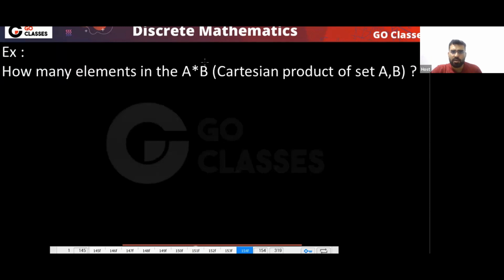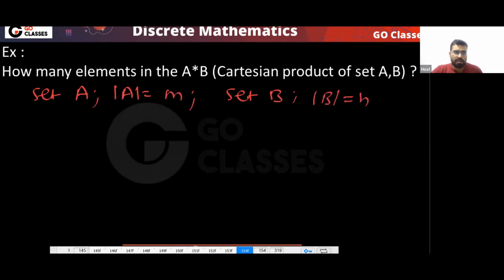How many elements are in A cross B? You already know. If you have 2 sets, let's assume you have a set A and a set B. The cardinality of A is m and the cardinality of B is n. Then how many elements are in A cross B?